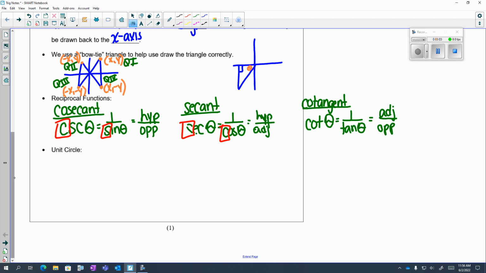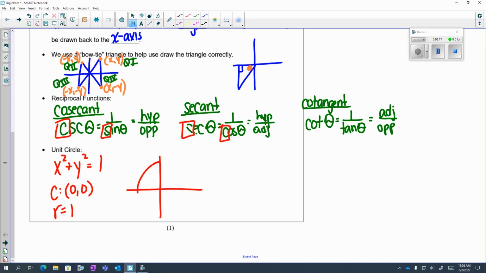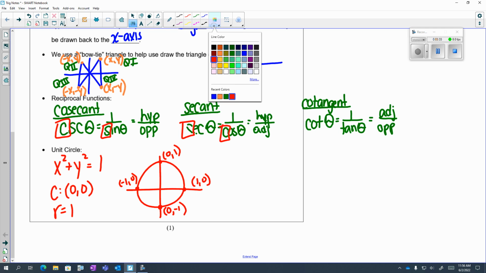Unit circle. The equation of the unit circle is x squared plus y squared equals 1, which means it has a center of 0, 0, and it has a radius of 1. So that means this is the point 1, 0, 0, 1, negative 1, 0, and 0, negative 1. And you can label all of your quadrantal angles on here.